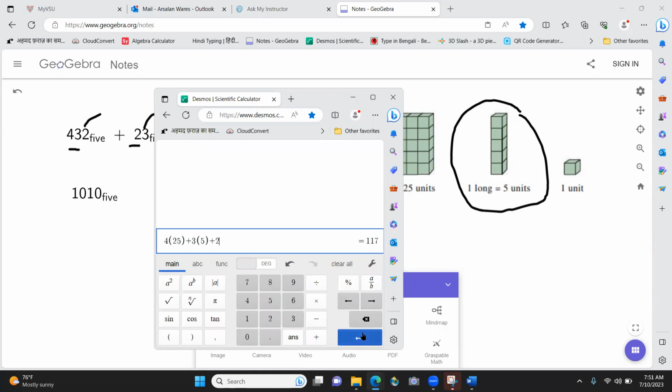That's 117 in base 10, right? And I'm going to take 2, 3. And the next one, 2, 3.